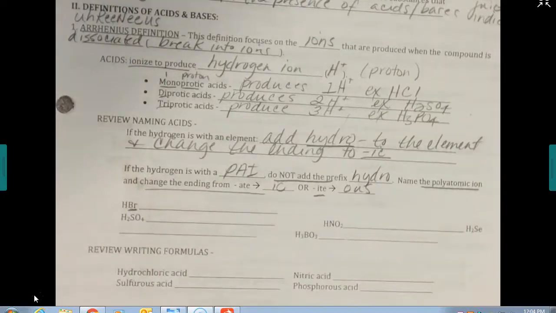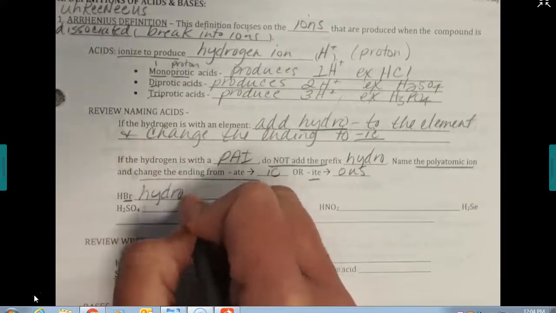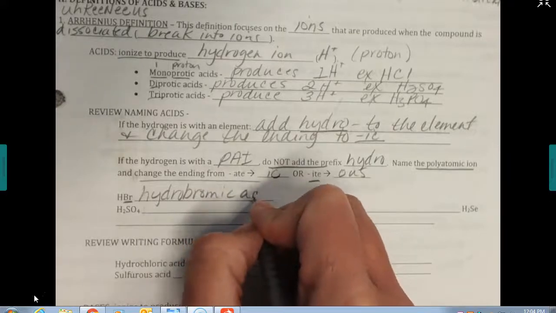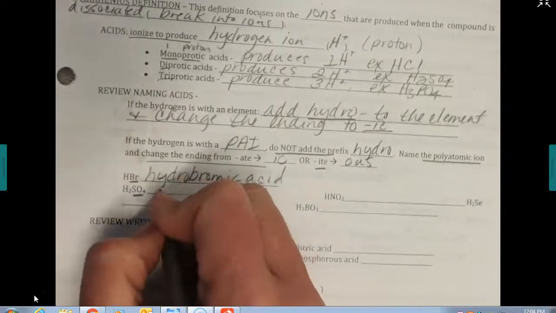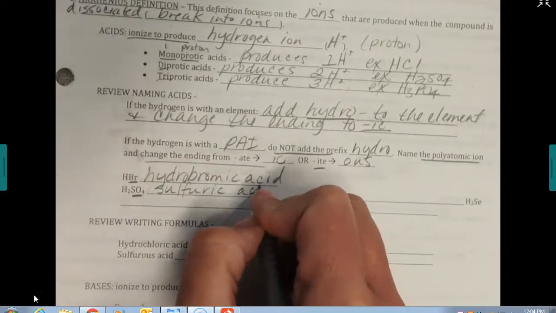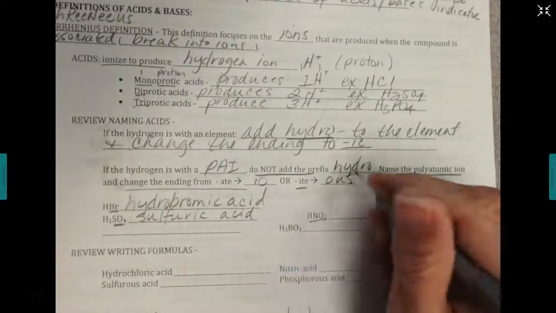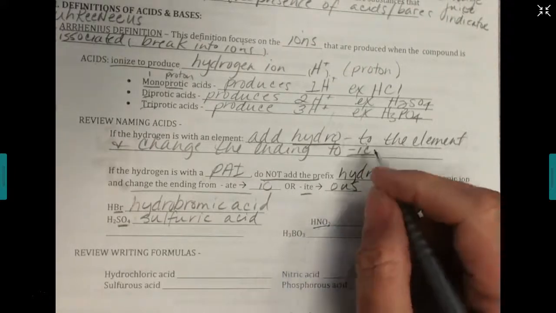So we are going to underline Br. That's just the element. So that tells me that we need the prefix hydro. So we'll have hydrobromic acid. SO4, that's a polyatomic ion, so we don't use the prefix hydro. So this will be sulfuric acid. HNO2, this is nitrite.